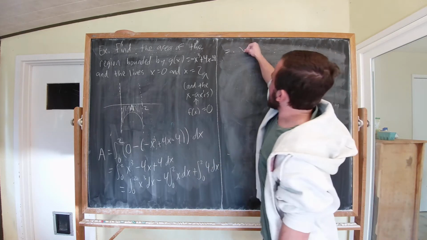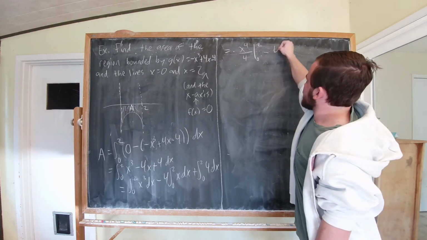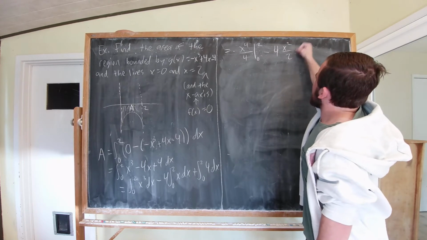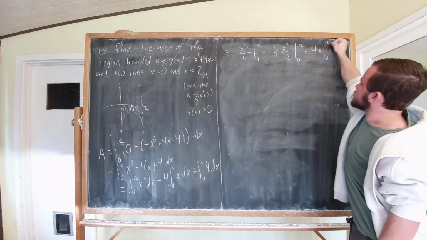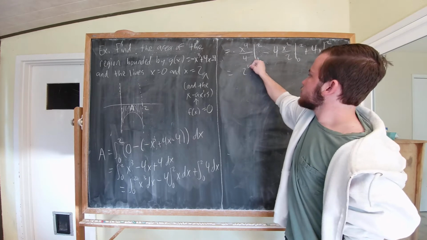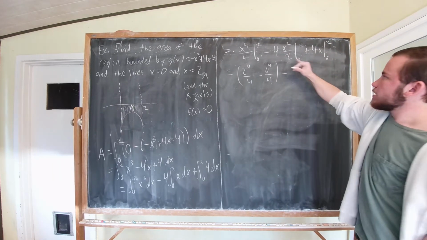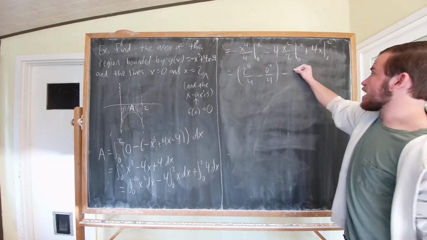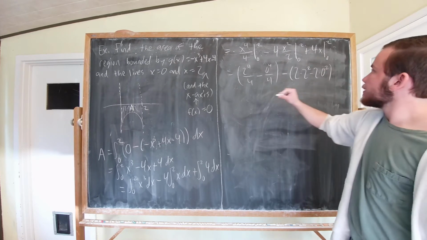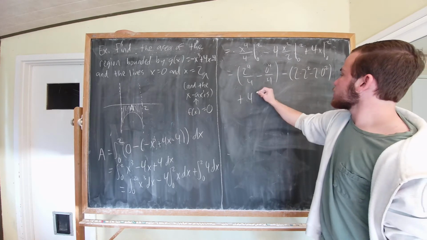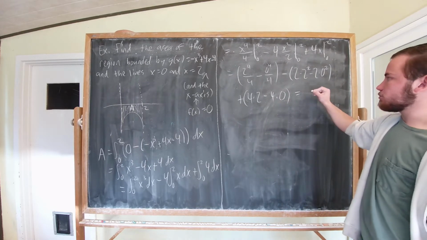And this becomes x to the 4th over 4 evaluated from 0 to 2 minus 4 times x squared over 2 going from 0 to 2 plus 4x as x goes from 0 to 2, which is 2 to the 4th over 4 minus 0 to the 4th over 4 minus 4 times 1/2 is 2, so we're going to have 2 times 2 squared minus 2 times 0 squared plus 4 times 2 minus 4 times 0, which is equal to what?